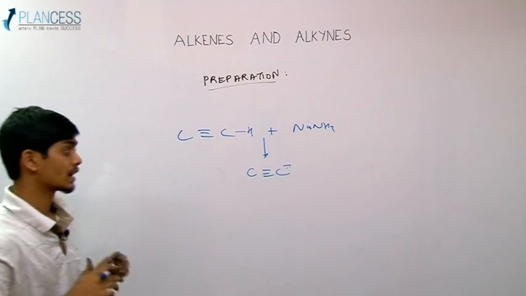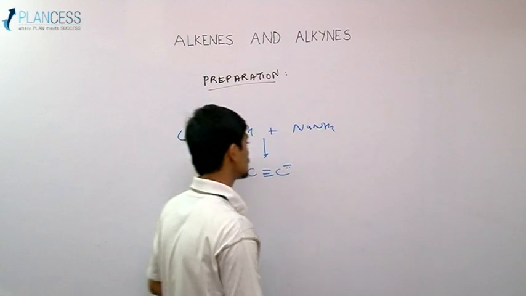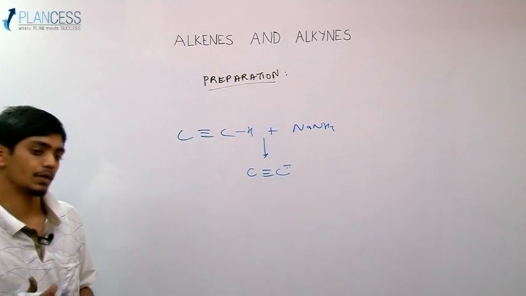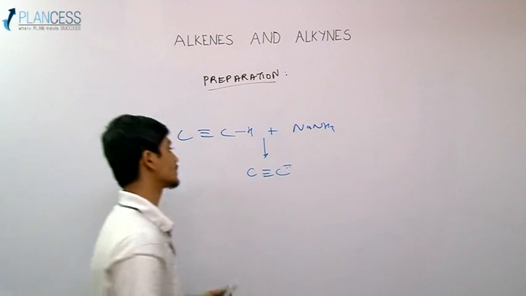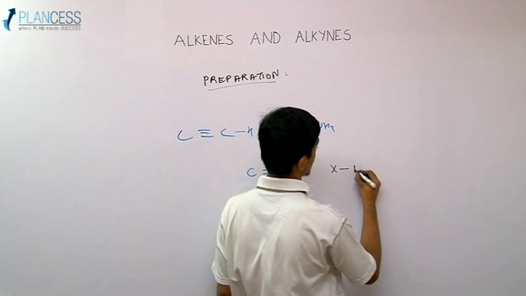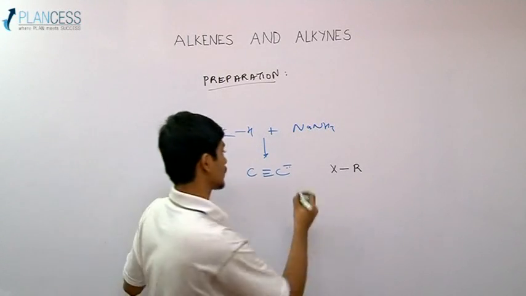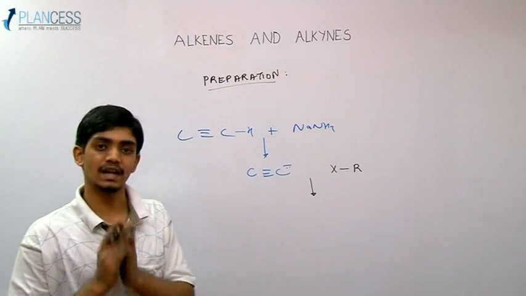Fine, we know that. Now this thing, if we want to extend it, that is, if we want to add an alkyl group over here, what are our possible options? One very good option is, you take a primary halide, or let it be something from here. This type of reaction we will study in the alkyl halide chapter.